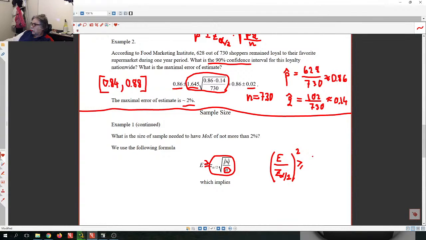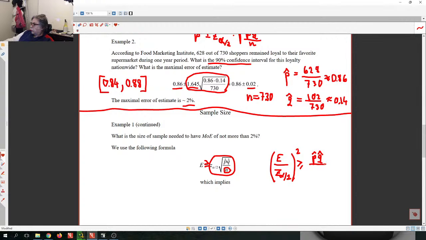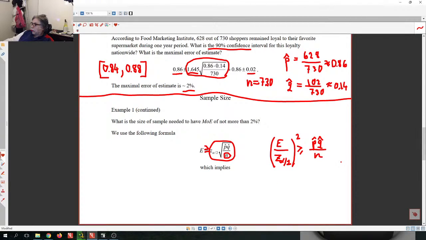On the other side, I had p hat q hat over n, and I need to flip it upside down to get the n on the top. And then I have to flip this too, and finally the next step is flipping everything. Flip the fraction.